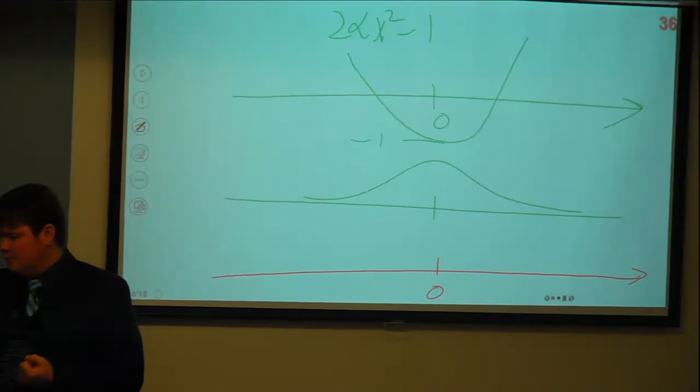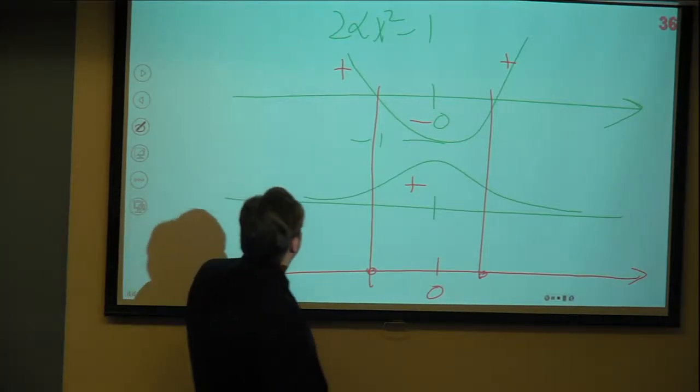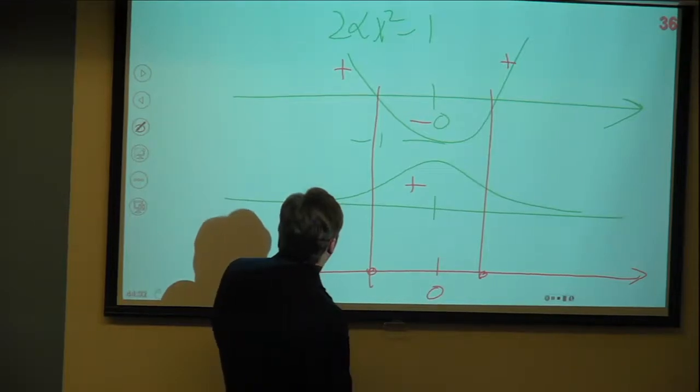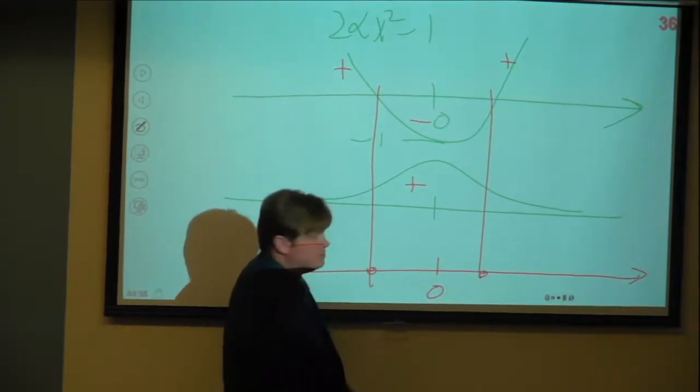So the upper function was plus, minus, plus. The upper function is plus everywhere. And there will be 2 zeros. So it will be 0 at... how does this point relate to the value of alpha?